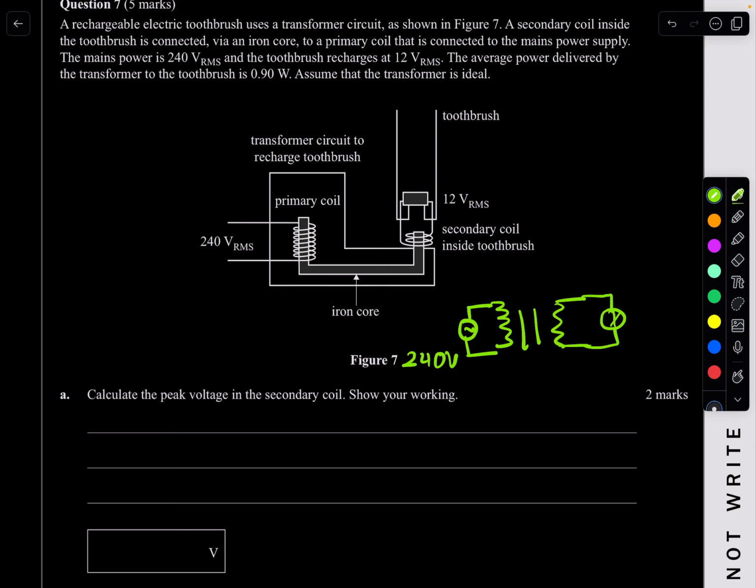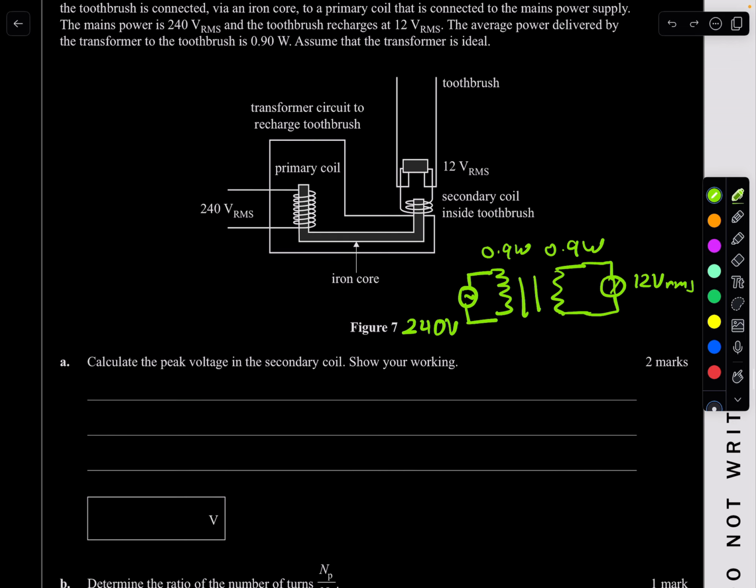The recharging of the toothbrush is 12 volts RMS here, and we also know that 0.9 watts are on both sides. Remember, because the transformer is ideal, this side is going to receive 0.9 watts, and this also is going to receive 0.9 watts. Both sides are receiving the same power.